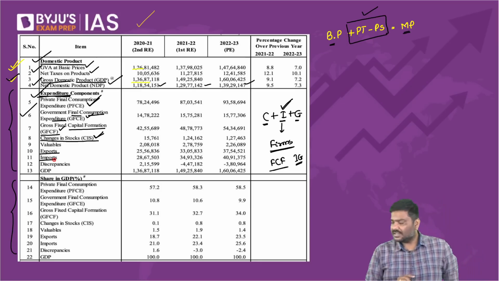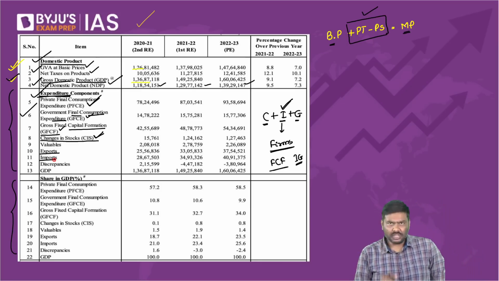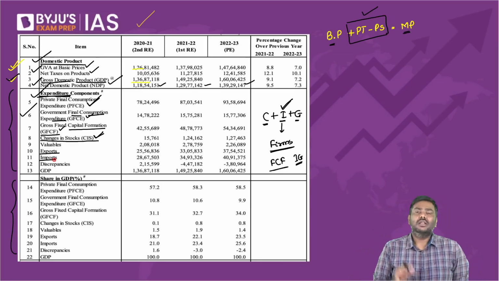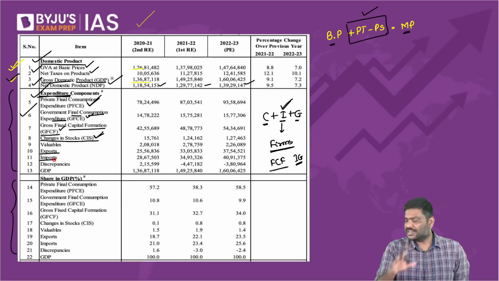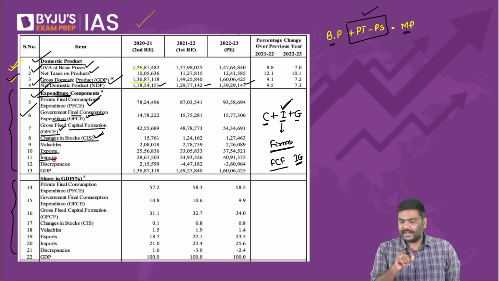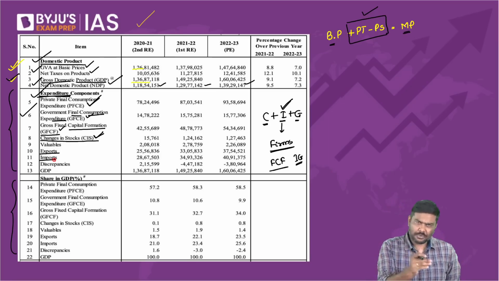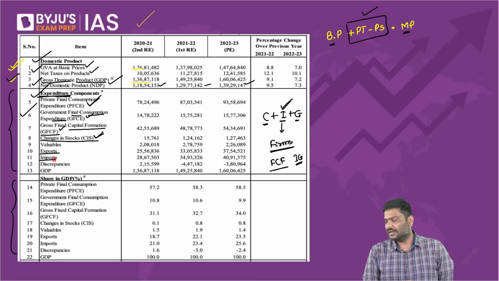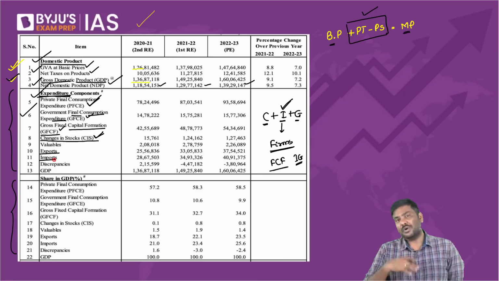But now please understand the next point. Let me know whether I told you this statement yesterday. I said that between the production method and expenditure method, the government believes the production method is much more credible.